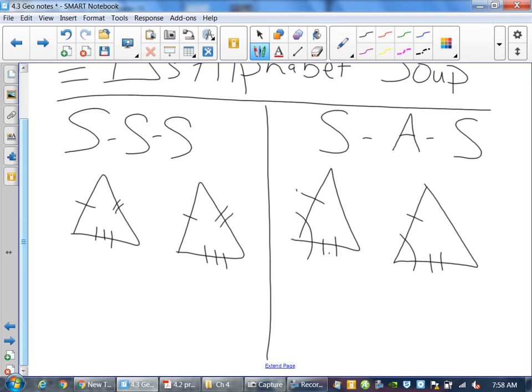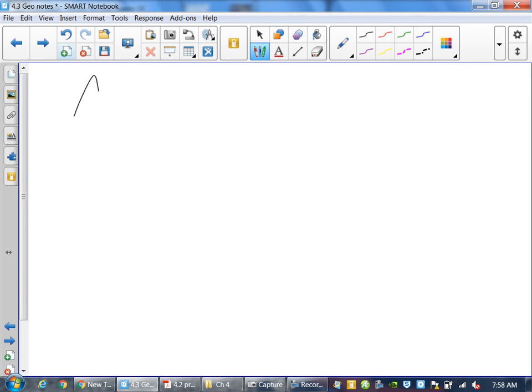Isn't it Juliet, bro? We have angle, side, angle. Gee, what do you think that looks like? So it's angle, side, angle. So, in a diagram, where is the side? In between the 2 angles, exactly. The side becomes the included part in this case.